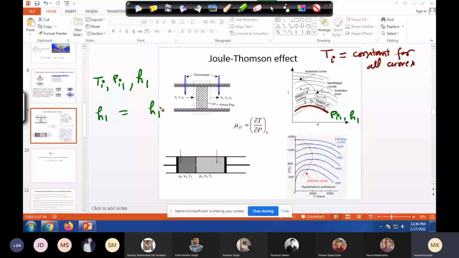It means Ui, which is a function of Ti, plus Pi1 Vi1 is equal to U exit 1 plus P exit 1 into V exit 1.